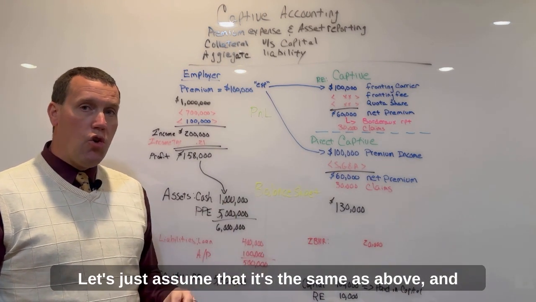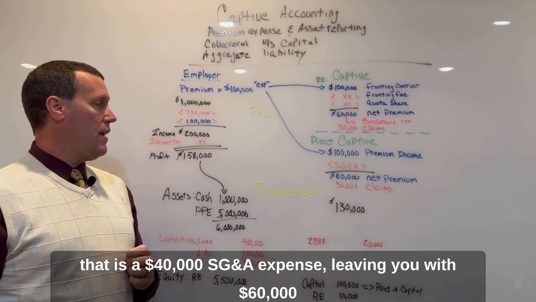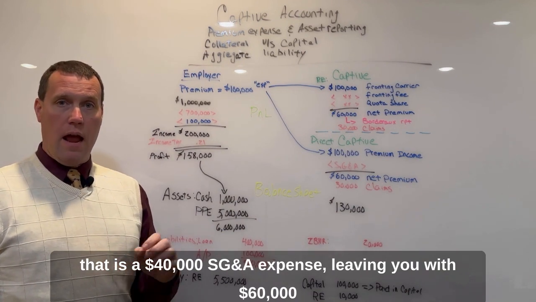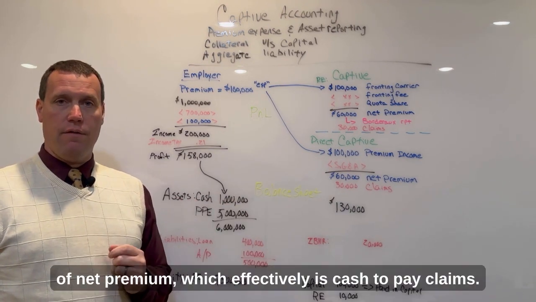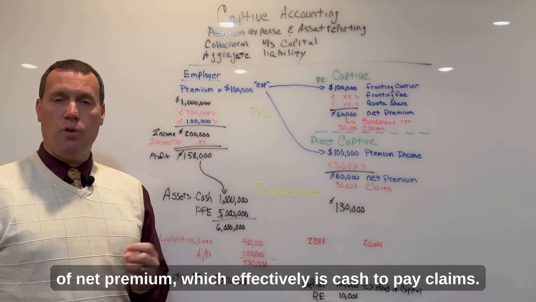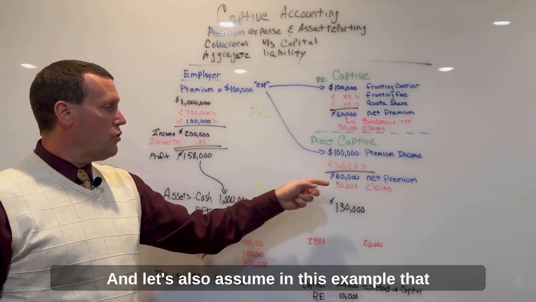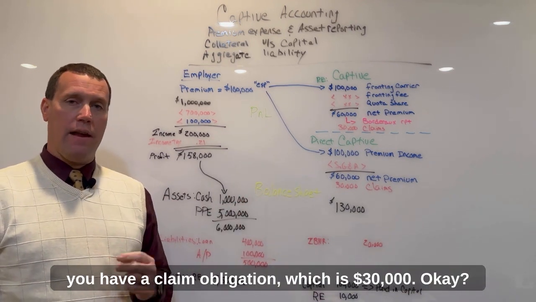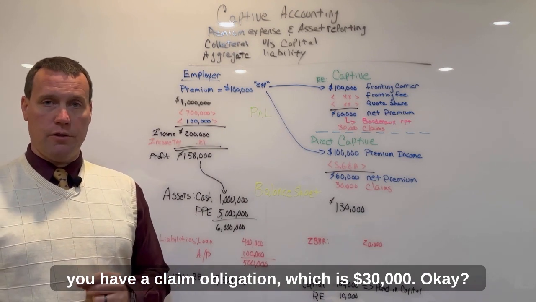Let's just assume that it's the same as above, and that is a $40,000 SG&A expense, leaving you with $60,000 of net premium, which effectively is cash to pay claims. And let's also assume in this example that you have a claim obligation, which is $30,000.